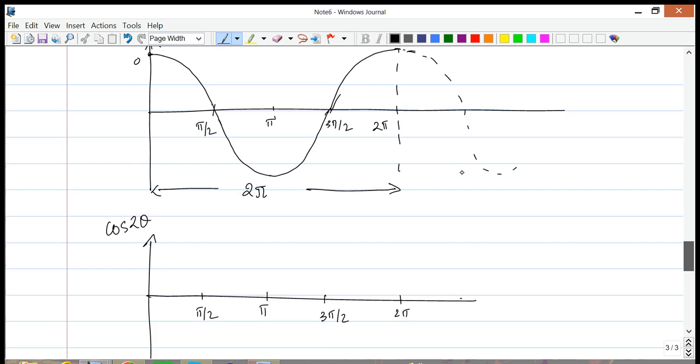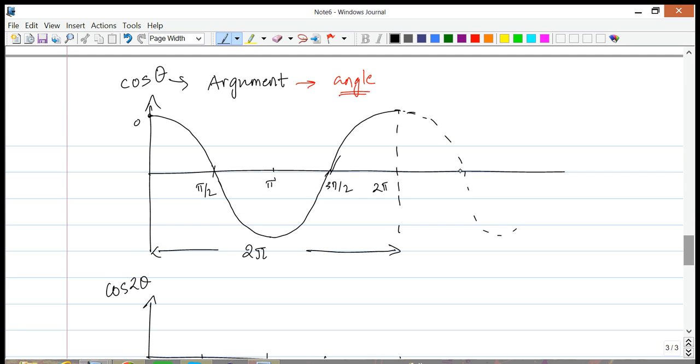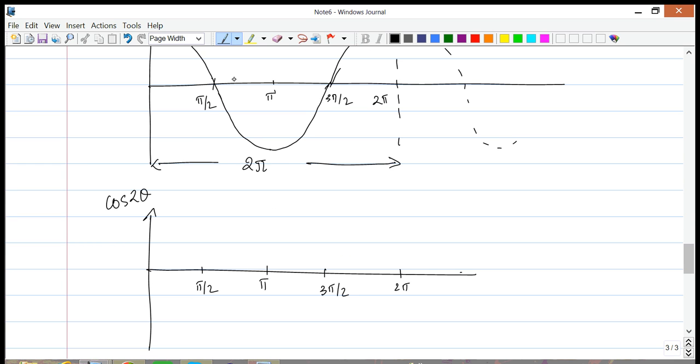In order to figure out what the time period is going to be, all you need to do is think of the argument as some kind of box. You have cosine of something hidden in the box, and what we understand is that if the box changes by 2 pi, so box goes to box plus 2 pi, then the function is going to repeat itself.